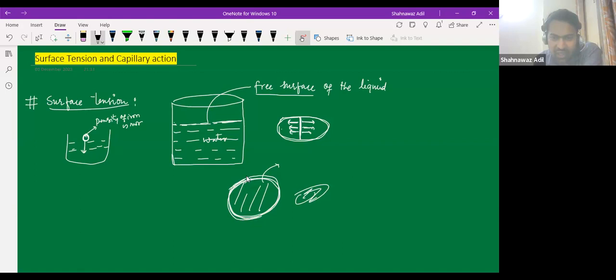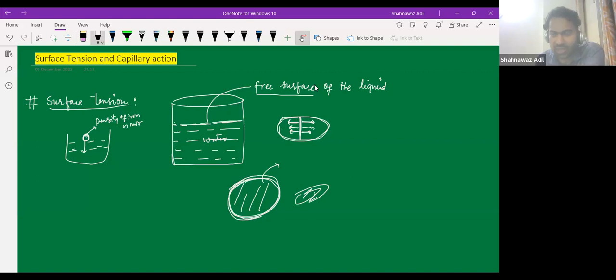So the free surface of the liquid, due to surface tension, behaves in the same way. Surface tension is a force by virtue of which this free surface behaves like a stretched membrane, right?